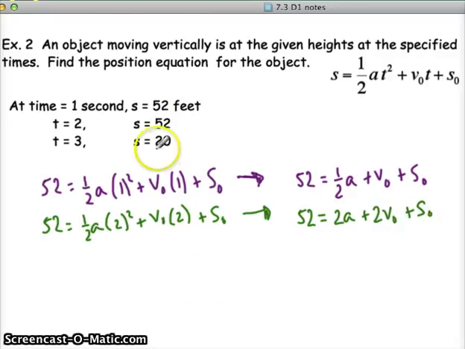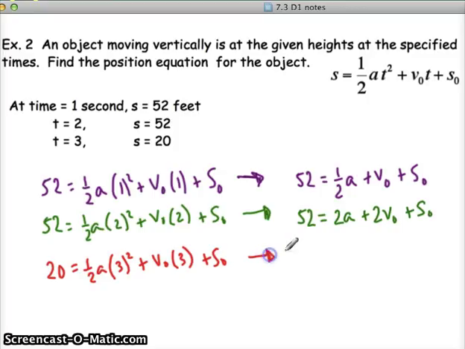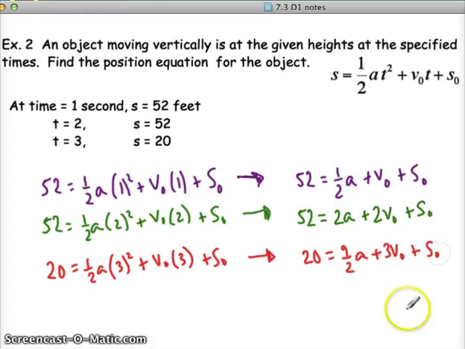And then my third equation, we plug a 20 in for s, and we're going to plug in a 3 in for t. So that equation will now be 20 equals 3 squared is 9, 9 times 1/2, we'd have 9/2 a, we'd have 3 v sub 0's and an s sub 0.